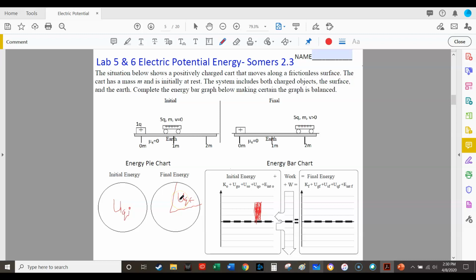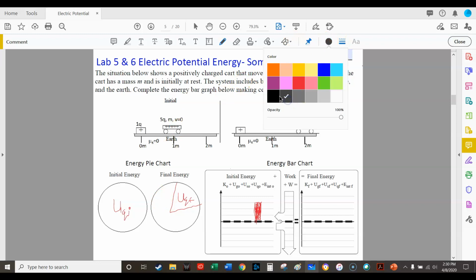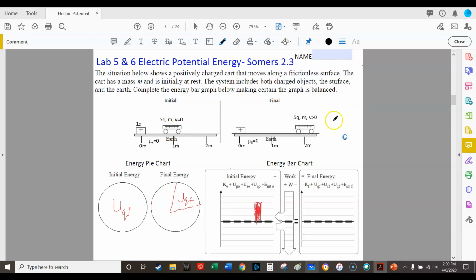Okay, and this is subjective, but I'm thinking that most of this initial energy got converted to kinetic energy. So now I'm going to use black, and I'm going to write kinetic energy here. So it's going to have a kinetic energy final.